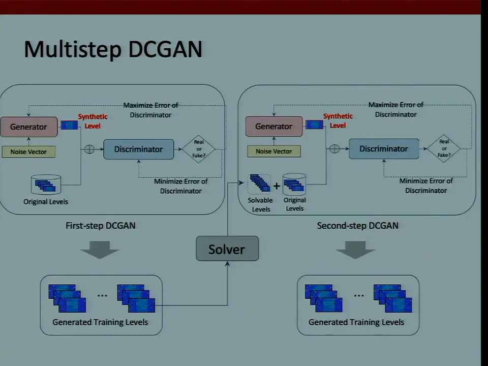So the advantage of the multi-step DCGAN is generating levels so that we could train another model to be effective at producing better generated levels.